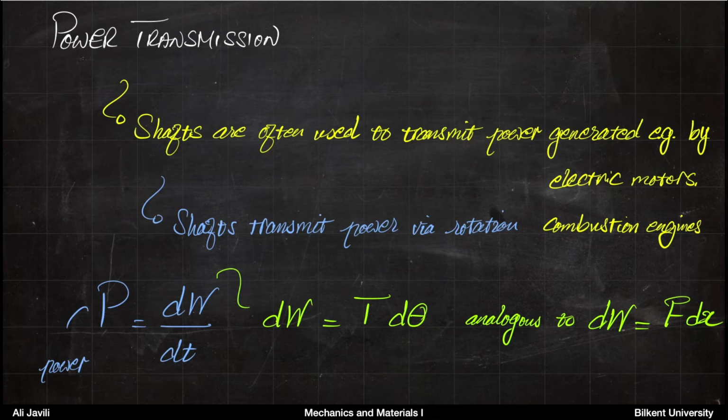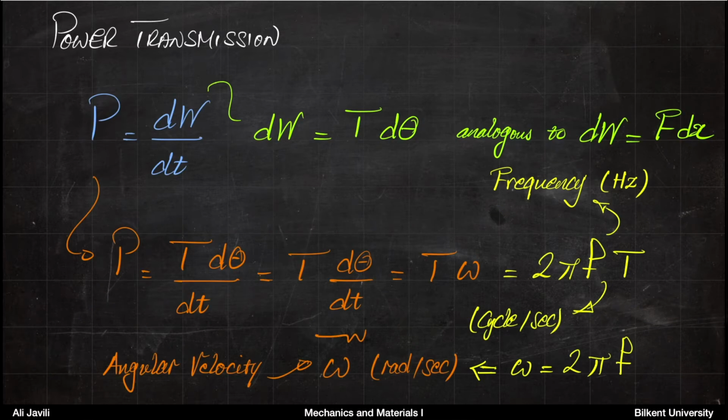So this is how power is connected to torque. When you insert that formula, P would be T d theta divided by dt. Now, d theta divided by dt itself is essentially a rotational velocity, an angular velocity. We call that omega, and it has the unit radian per second. So you can write P equals T omega.